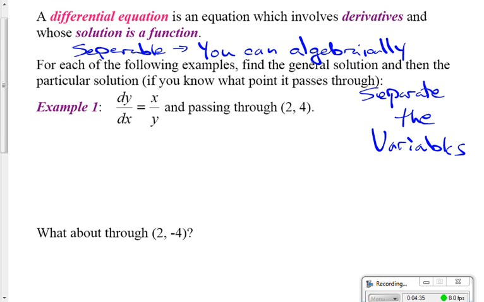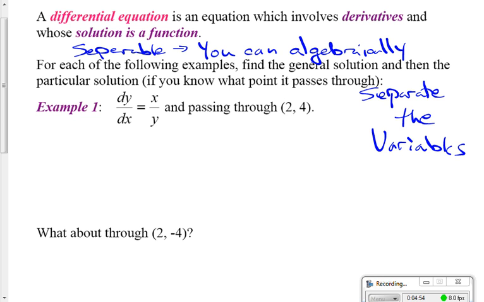Separate means get them on opposite sides of the equation. Okay? Most times, a lot of these differential equations will have x's and y's on the same side of the equation. There'll be an operation with them. We'll talk throughout the hour here about some of those operations that are typical. But let's start with this one.